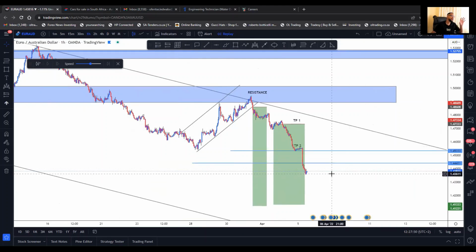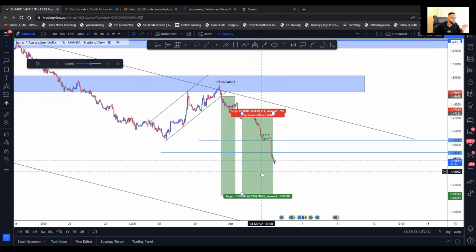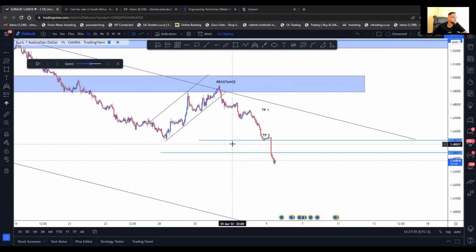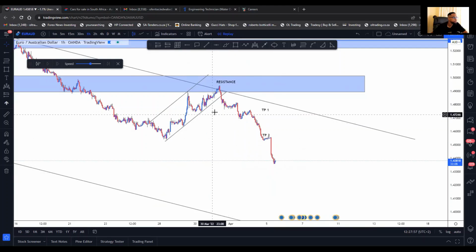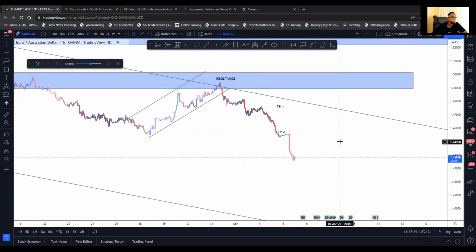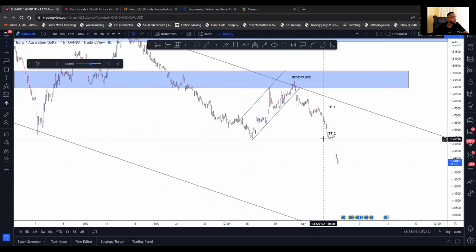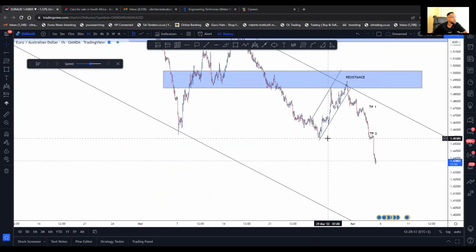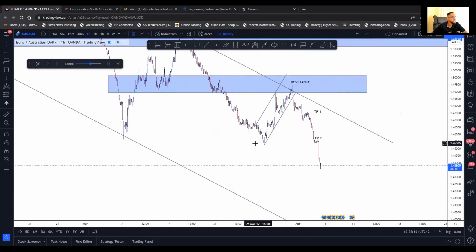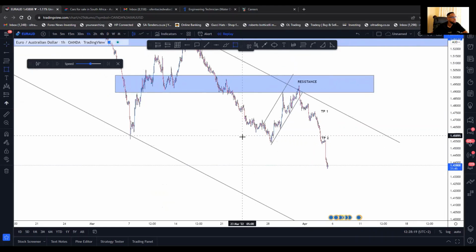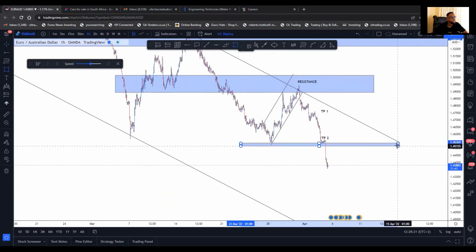So now, what are we gonna do now? This is the current market now. Okay, I want to show you guys what you can do here. For now, this area, the market has to stay below this area for me to continue selling.